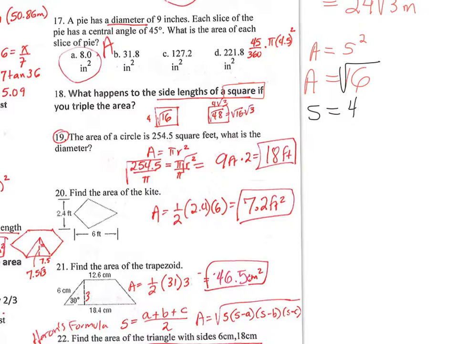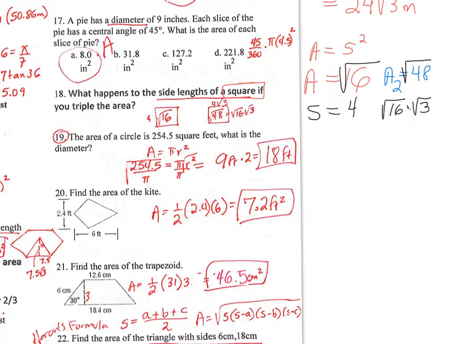And then they're saying, if the area triples, it would be 16 times 3, so the new area would be 48. And again, if I want to find the length of that side, I need to get the square root of that. So square root of 48 is the same thing as square root of 16 times the square root of 3.